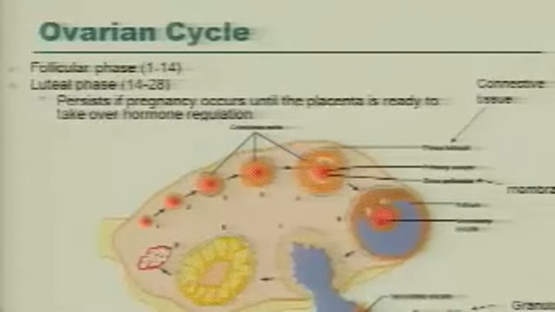Once that placenta takes over the release of progesterone, then the corpus luteum will degenerate and turn into a little area of scar tissue. And we have that scar tissue our whole life. That corpus albicans turns into scar tissue. And so you could see, theoretically, if you were to take an ovary out of a woman, you could see all the areas that she ovulated from on the scar tissue.